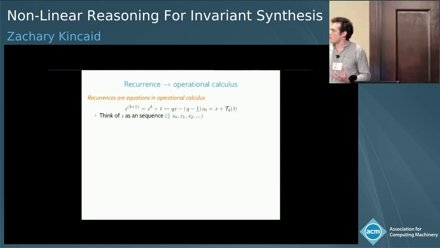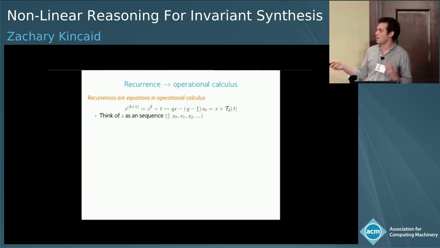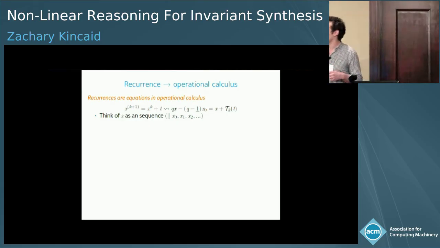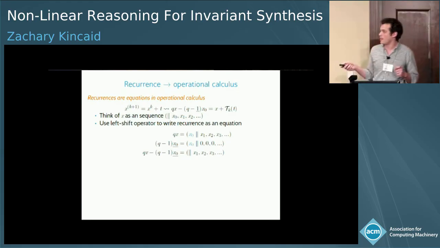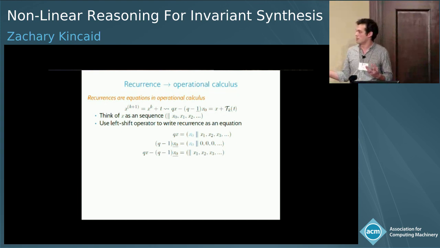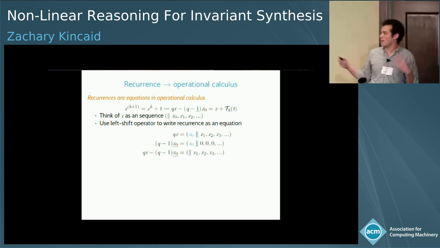All right, so the way that we translate recurrences into equations in operational calculus is by thinking of this variable x for which there's a recurrence as defining an infinite sequence. So it's just some variable in operational calculus. And then we use the left shift operator q to rewrite this recurrence equation as an equation.